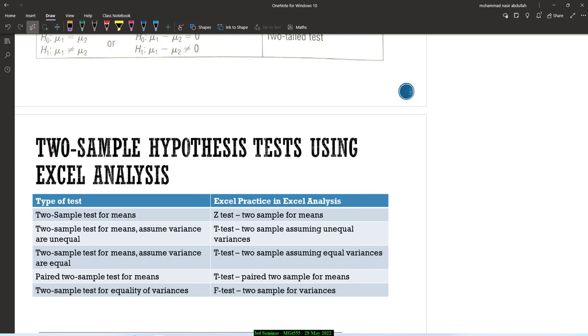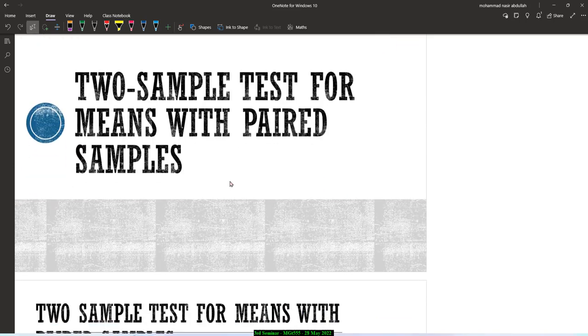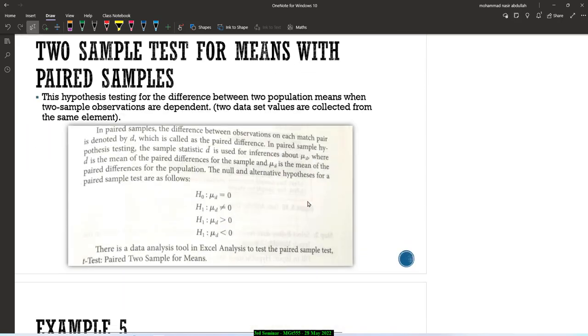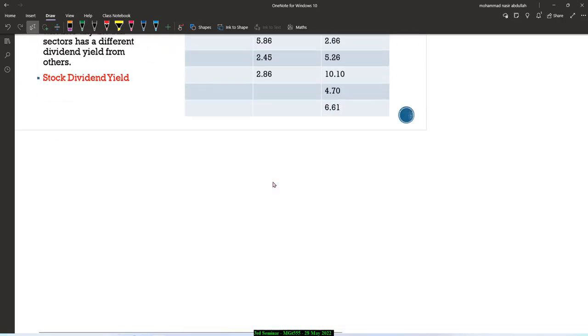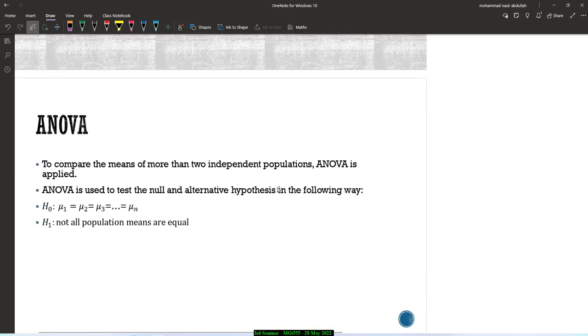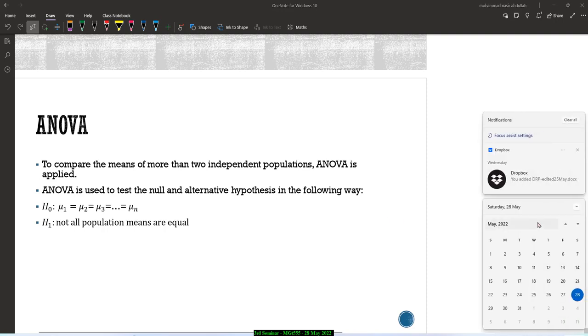Next class kita akan tengok two sample hypothesis testing using paired sample and unpaired sample. Another one is analysis of variance. Right? Boleh? Ada soalan tak? Okay kan? So next class kita akan jumpa 20.